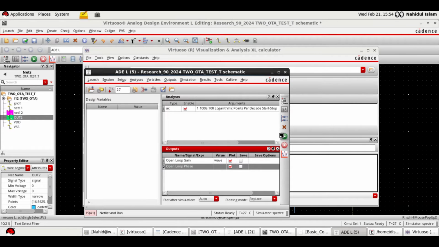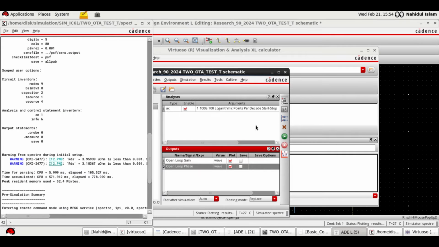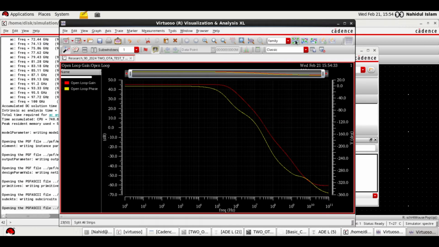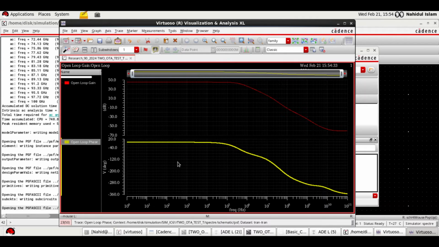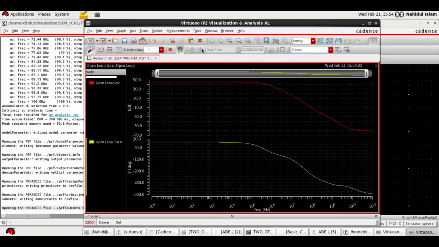Well, if I run that, yeah, the open loop gain and the open loop phase. So this is basically the open loop gain and phase.